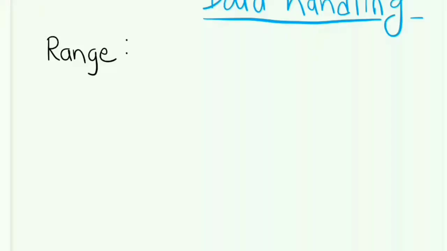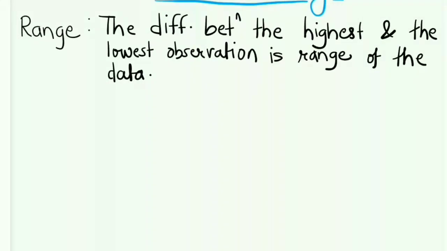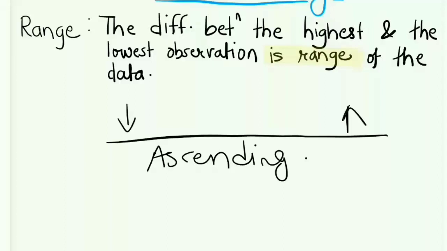And to calculate the range of given data, we need to have the given data organized in either ascending or descending manner. So the difference between the highest and the lowest observation of the given data is the range of the data. For calculating this range, we just subtract the first value from the last value, if we have arranged these values in ascending order. So this is basically the lowest value and this is basically the highest value.